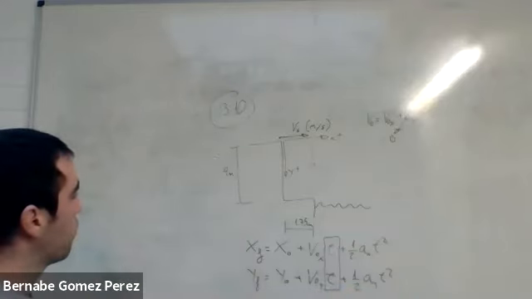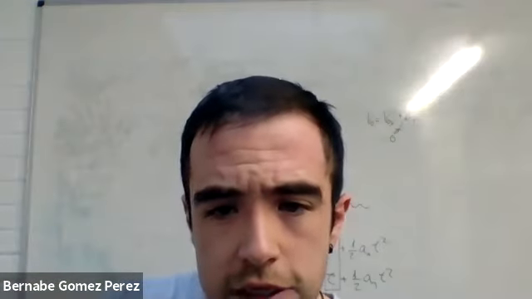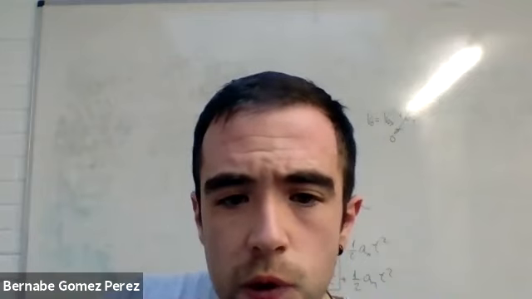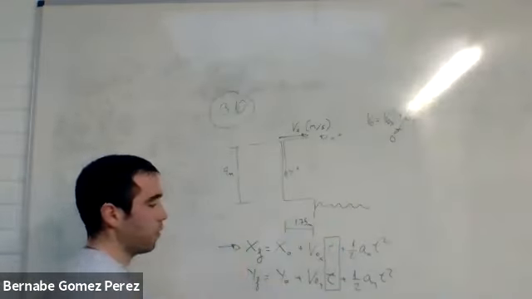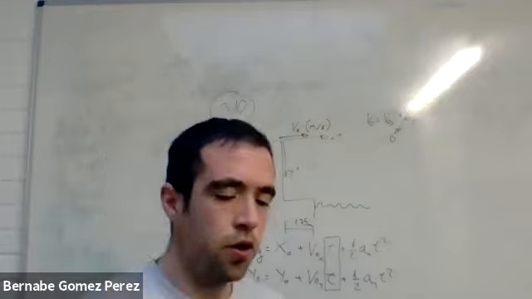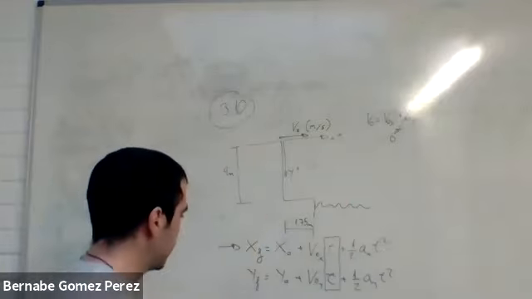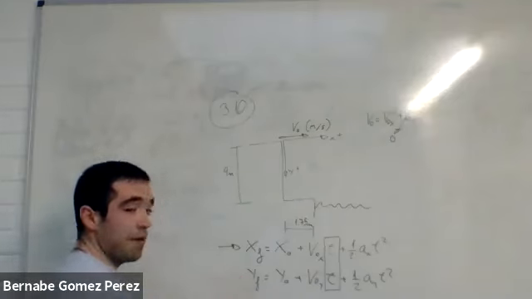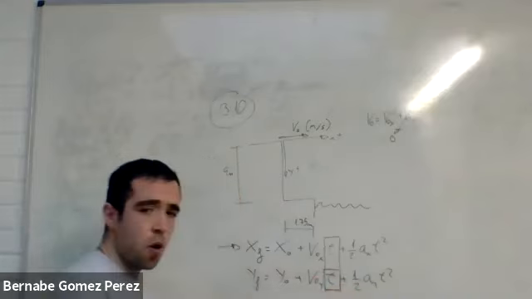So what are we asked? What is the initial speed that she needs to have? If we try to tackle the x equation, we will realize that we have two unknowns and only one equation, so we cannot solve it. However, in the y equation we have everything except t. So we have one equation, one unknown.